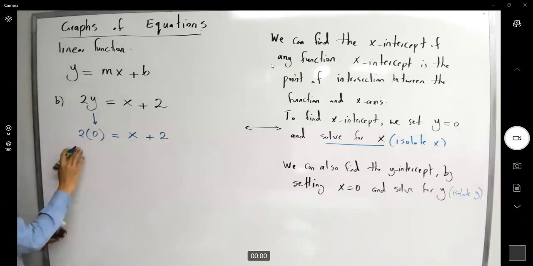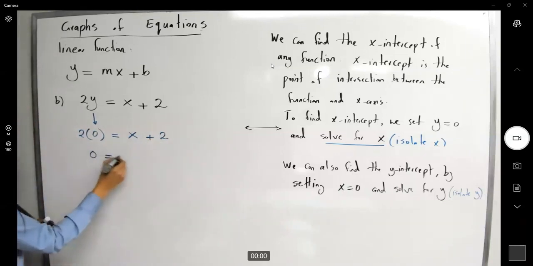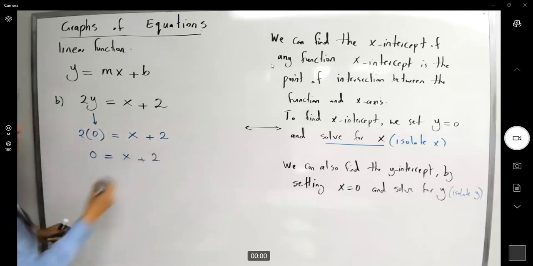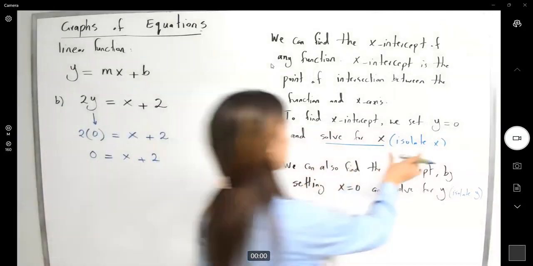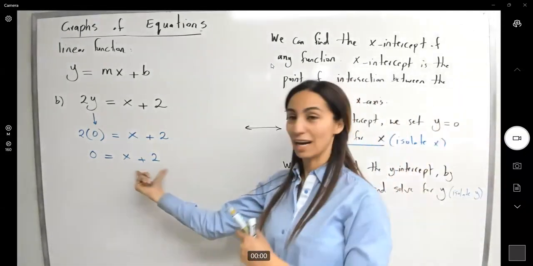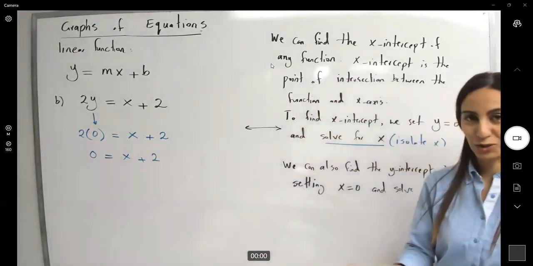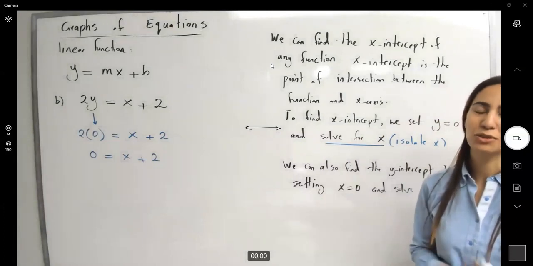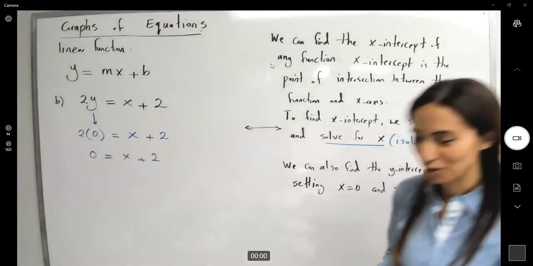On the left-hand side, 2 times 0 is just 0. So 0 is x plus 2. We need to isolate x on one side, but you have plus 2 attached to x. What are we going to do? We're going to get rid of 2 by subtracting 2 from both sides.